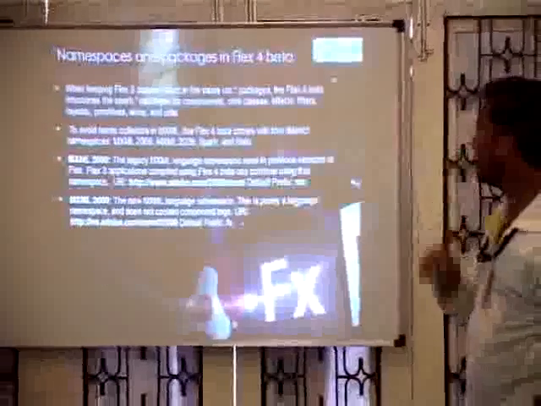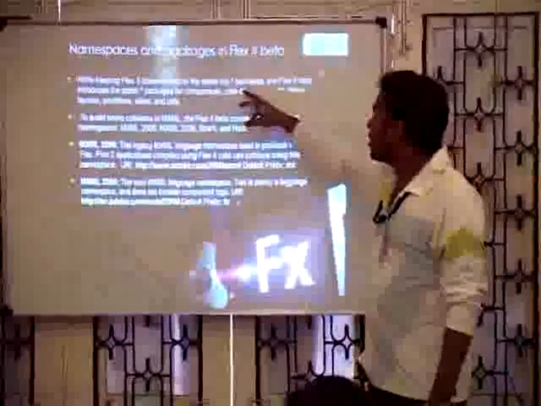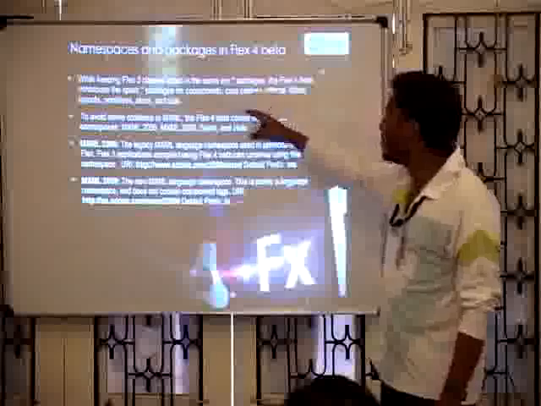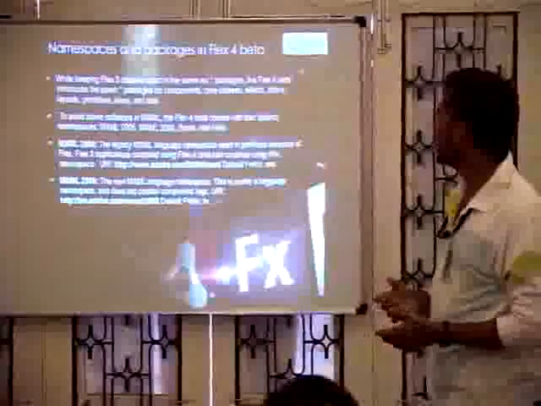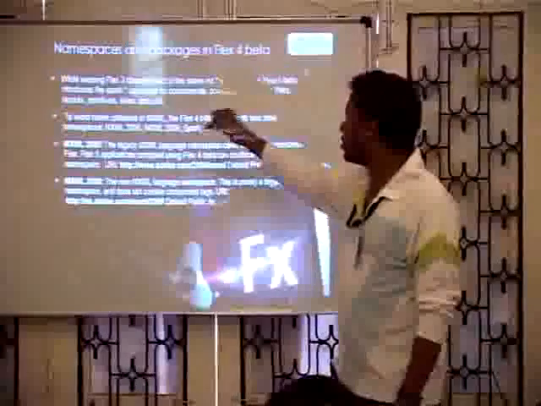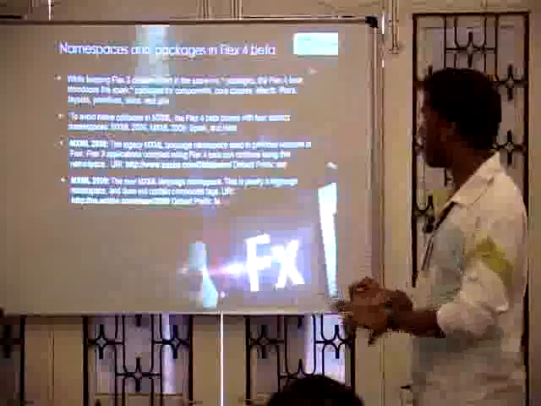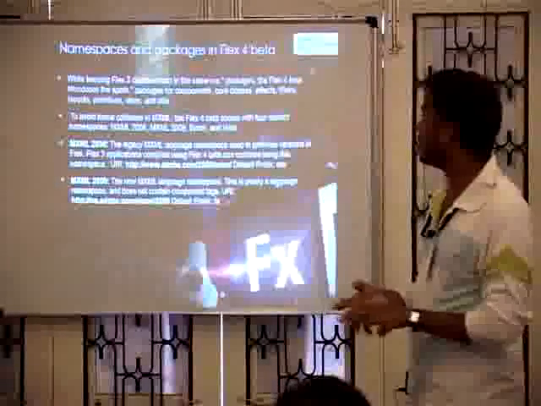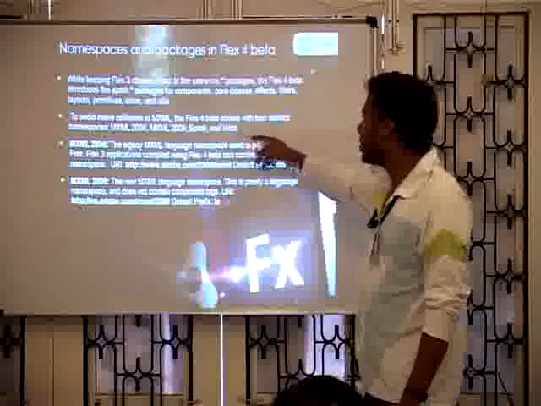Namespaces and packages. In Flex3, we used the MX packages because we used only one namespace, MXML 2006. In Flex4 beta, we are going to use the Spark component, the Halo component, and the MXML 2009 component. It means namespaces. And the second point is to avoid name collision in MXML.